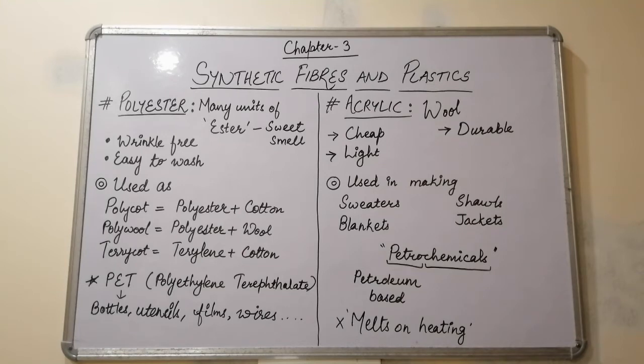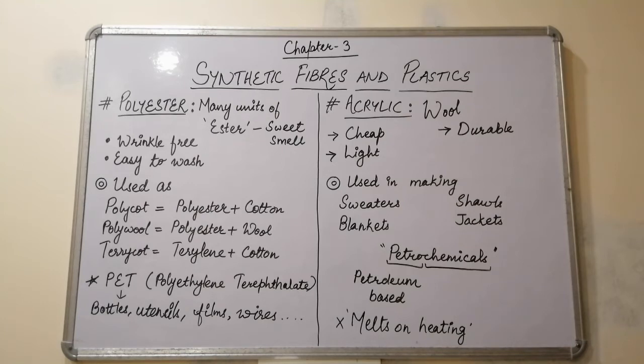Then there are many different uses of these acrylic fibers. They are used in making sweaters, shawls, blankets, jackets, and so on. So many materials could be made using this acrylic material. Again, you must have heard about acrylic sheets.